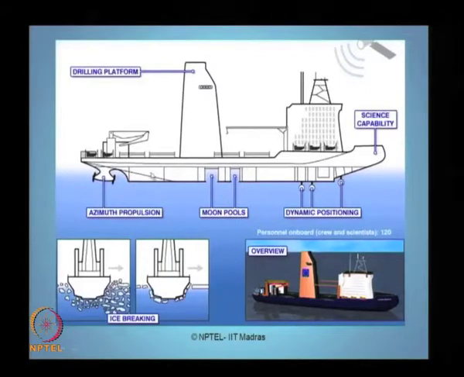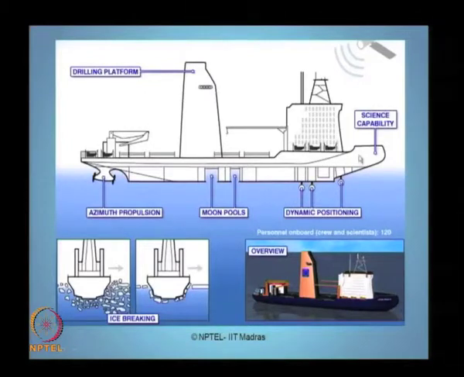Of course, it has azimuth propulsion which is used for maneuvering the ship while in motion, but not while drilling. These units that you see here are the standard components: the residential quarters, the housing blocks, the turbine generators, etc., which are standard equipment of a conventional ship.